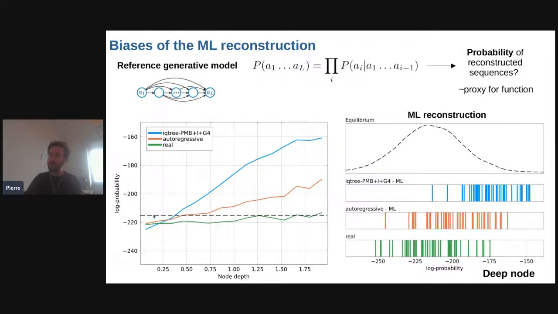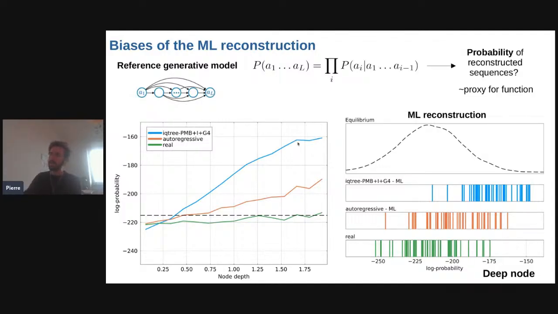So it's representative of a typical set of the model, if you want. And here, what we see is that if we do the maximum likelihood reconstruction, both autoregressive and, more impressively, IQ3, the reconstructed sequences by both of these methods tend to increase in log probability as we go deeper into the tree, so as we go further away from the leaves.